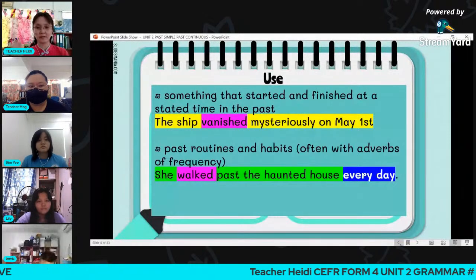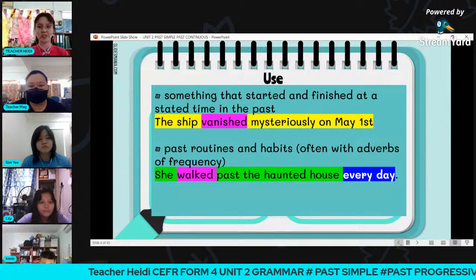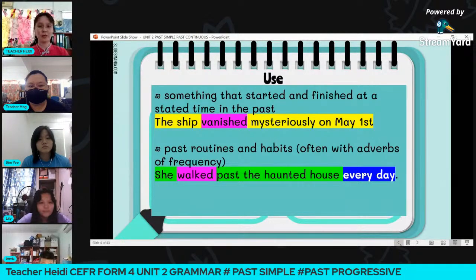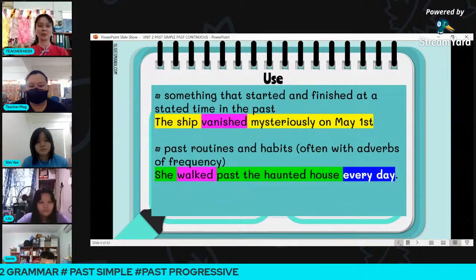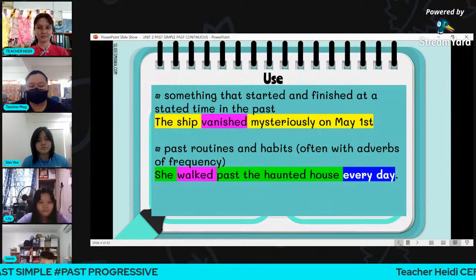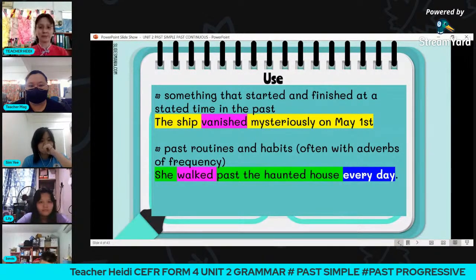The next one is a bit tricky, because there's the word every day. When you have the word every day, it can still be going on, because it's every day, isn't it? Like she goes to school every day. She goes to the market every day. So it can be present tense.